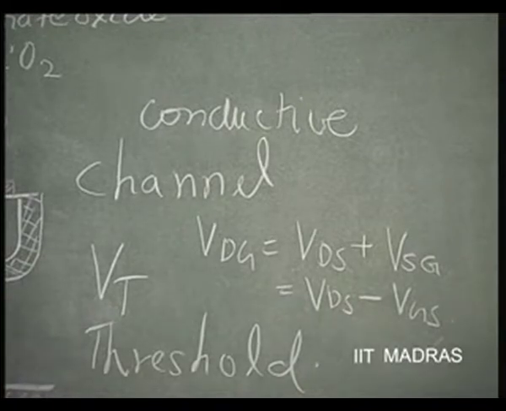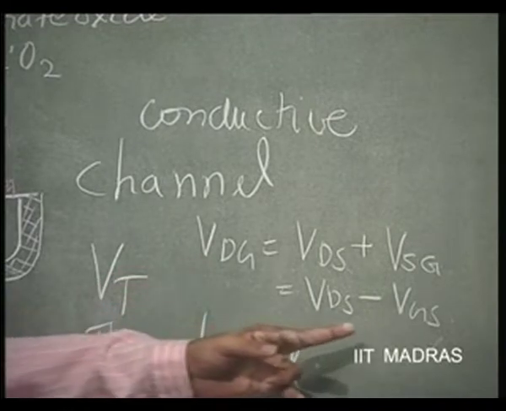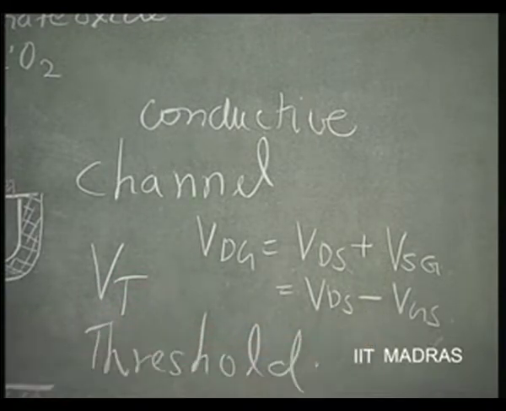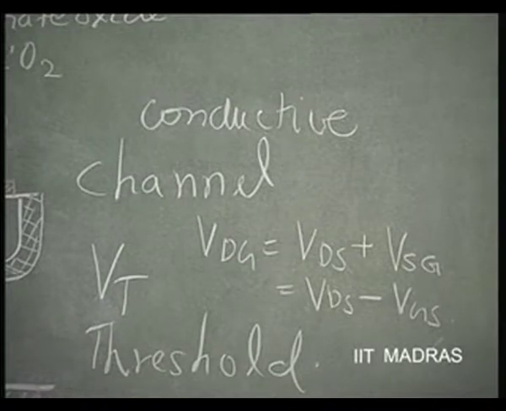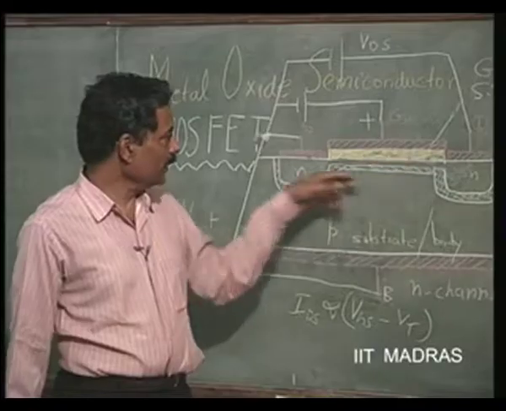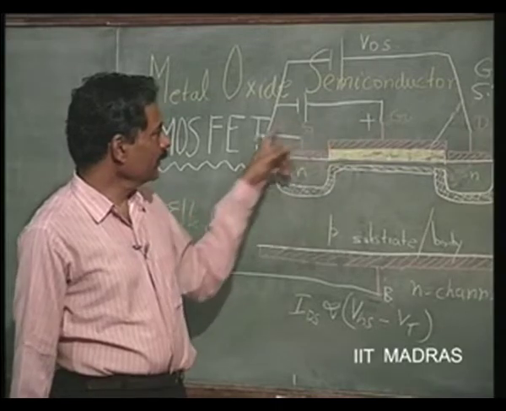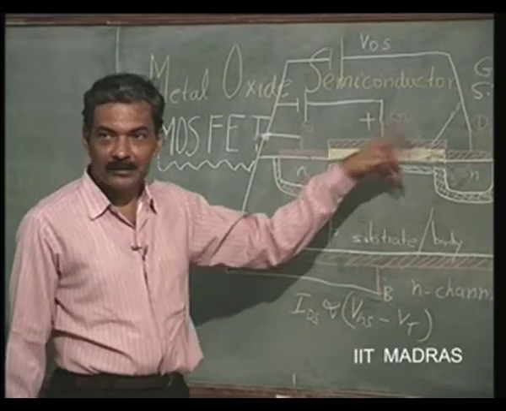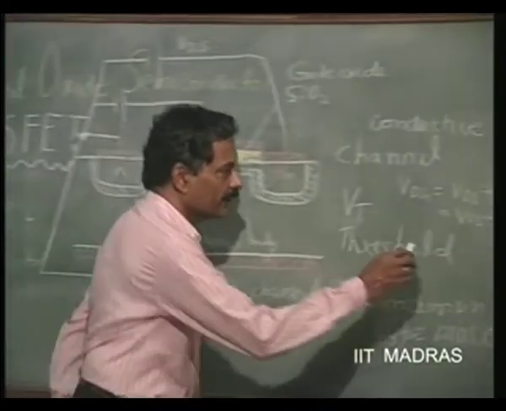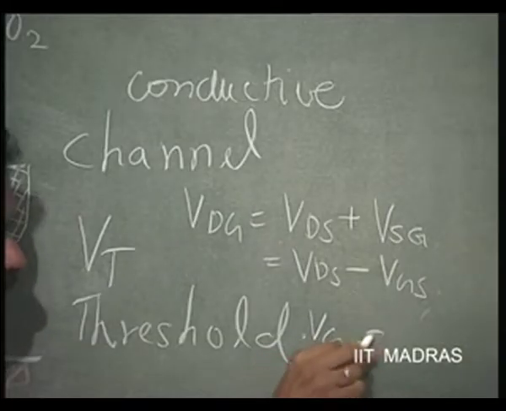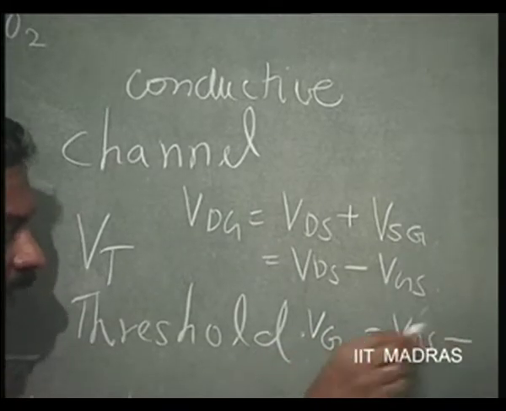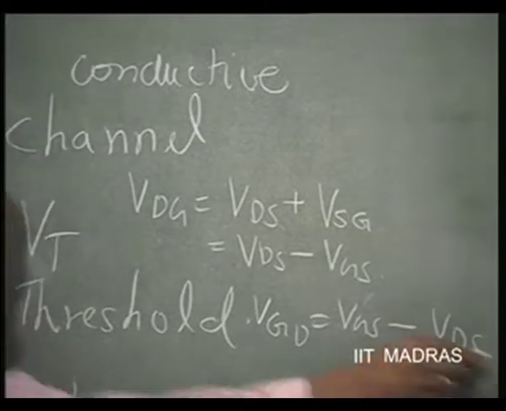So, let us say VDS was 0, then the VDG is going to be minus VGS, which is all right. The same amount of voltage which was earlier applied here is going to be applied here. VGD is equal to VGS minus VDS, right.